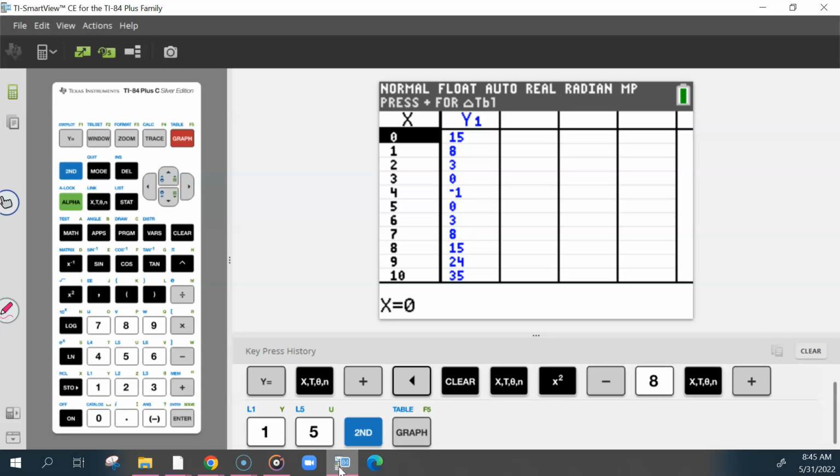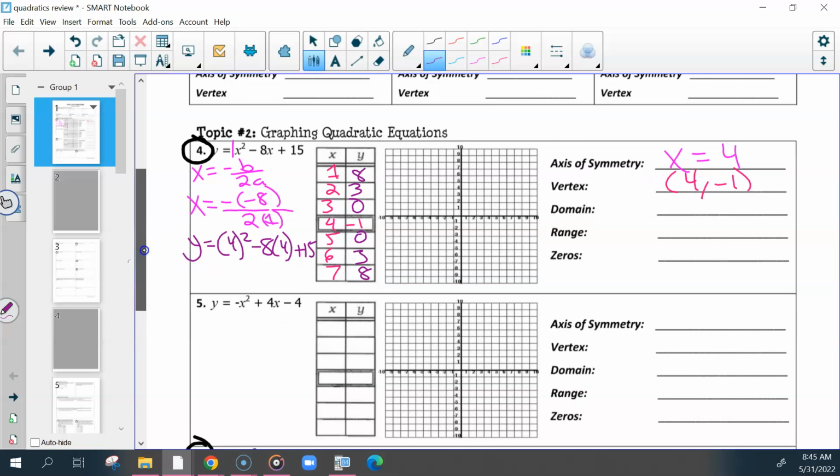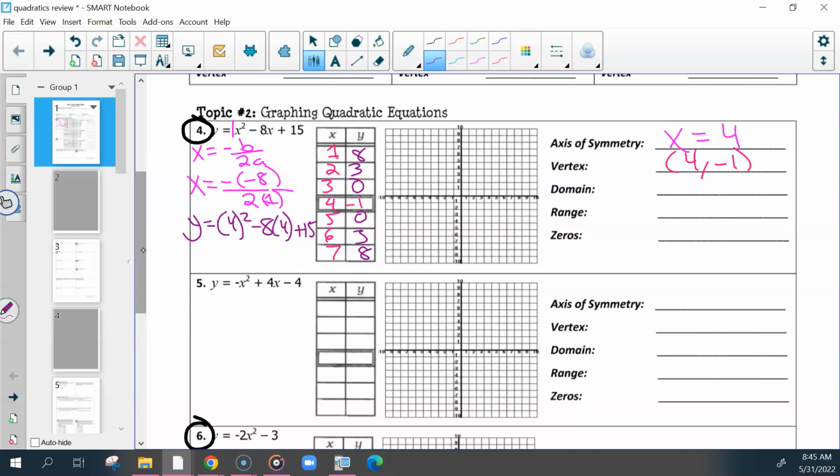So 8, 3, 0, 0, 3, 8. Really, once you have 3 of them, the others will repeat. And then you're going to plot all of those points on your graph.